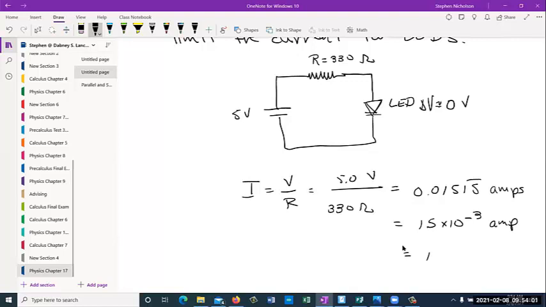So it's about 15 milliamps. We use capital A to represent amperes. So that's the current.